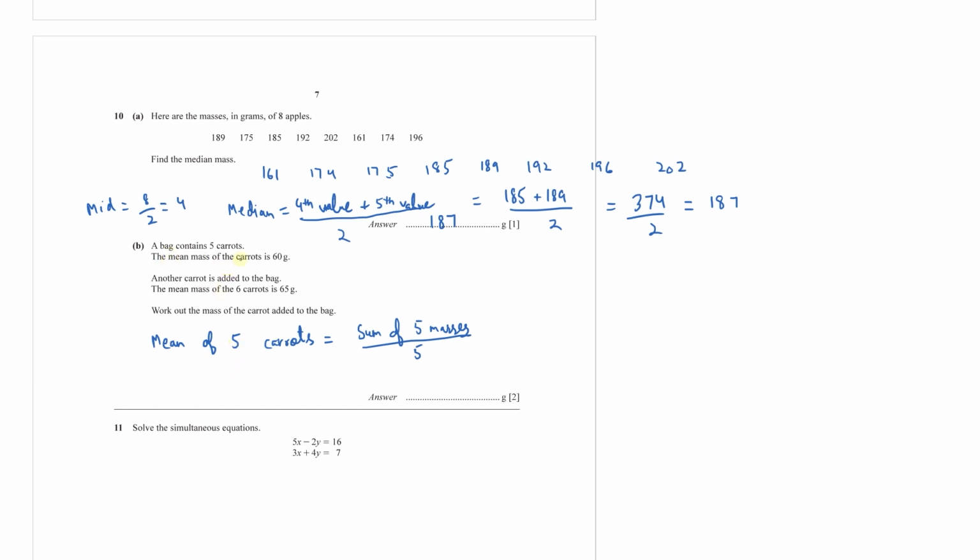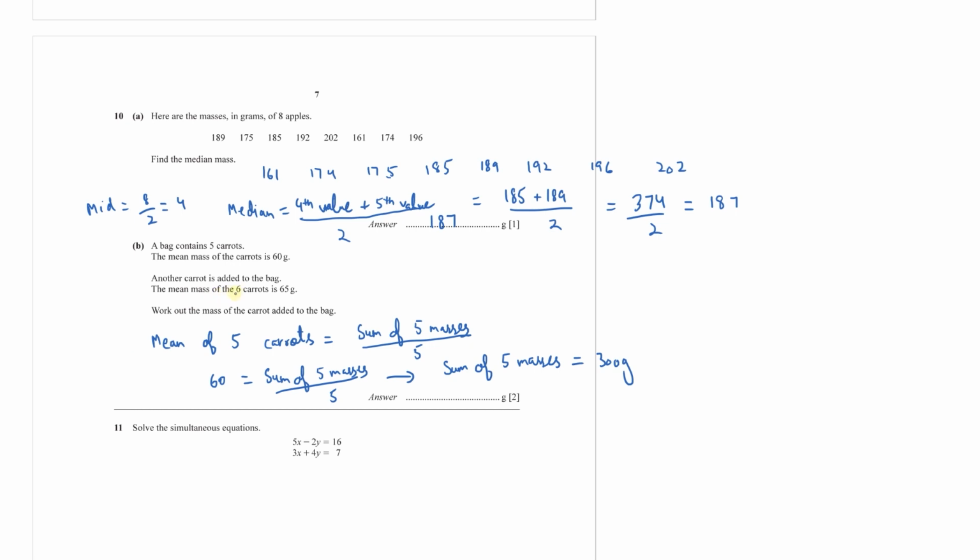So the mean is 60, and this gives you the sum of the 5 masses, the original 5 carrots that were in the bag: 60 times 5, 300 gram.